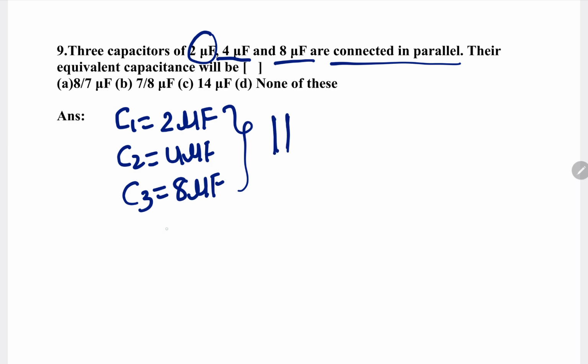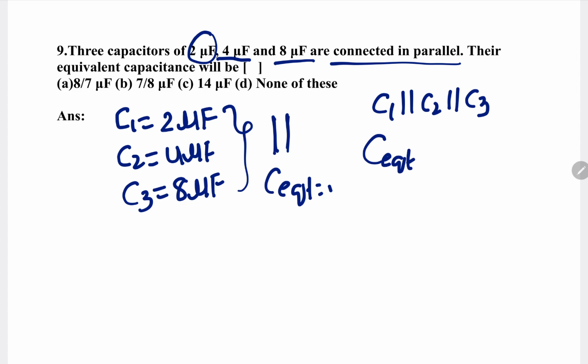And their equivalent capacitance is how much? C equivalent is equal to how much? Whenever C1, C2, C3 are connected in parallel, then equivalent capacitance formula is C1 plus C2 plus C3. So when R1, R2, R3 are connected in parallel, 1 by R equivalent is equal to 1 by R1 plus 1 by R2 plus 1 by R3.